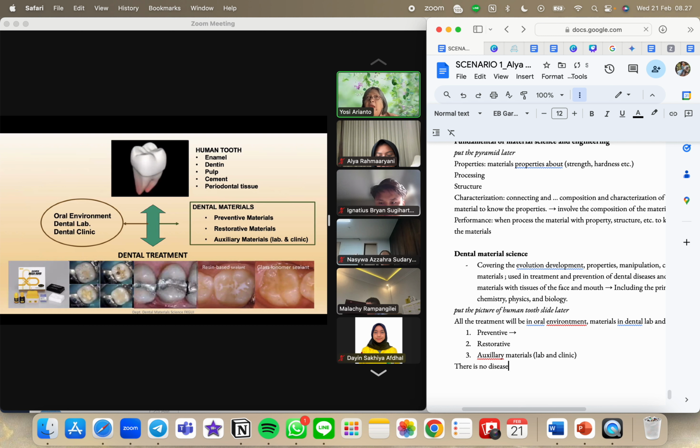But if there is a disease and there is caries, then we have to restore this tooth.